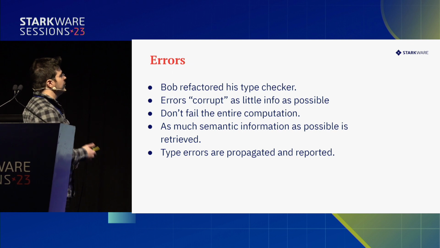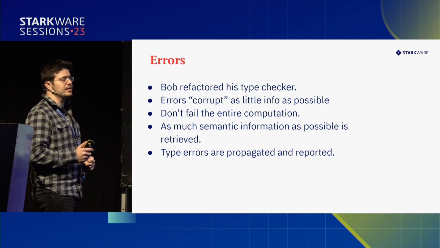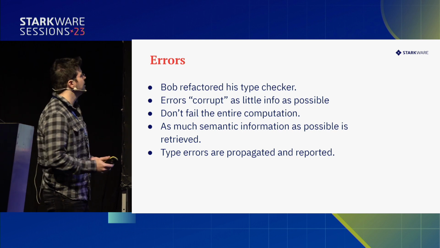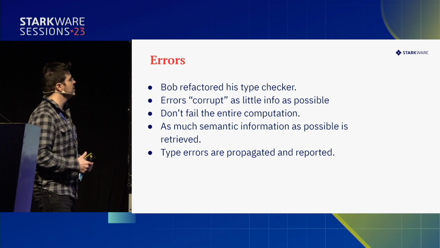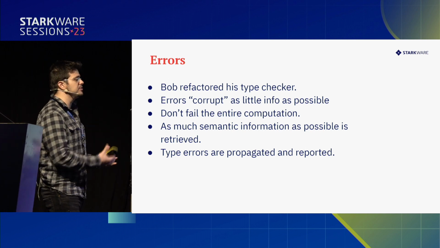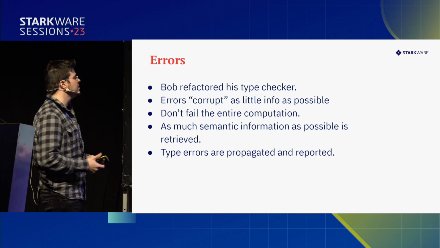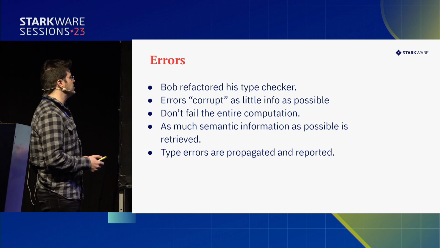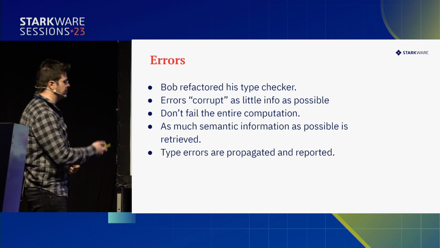So Bob decides to refactor his type checker. Now, when he has semantic errors, instead of just bailing, they try to corrupt as little information as possible. They don't fail the computation. The computation still succeeds. You still get some partial semantic information, with as much semantic information as possible. Type errors are propagated. This is kind of similar to what we did for the syntax.